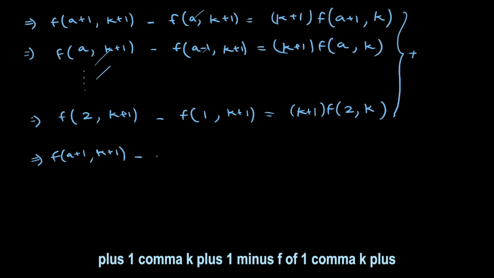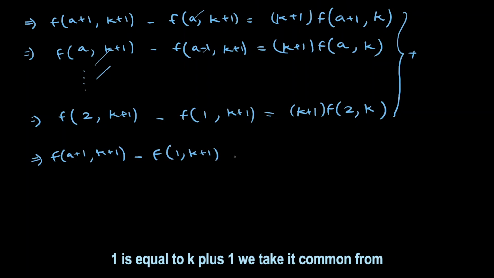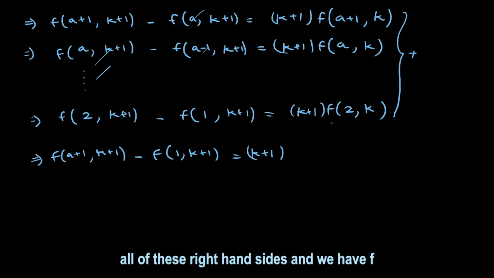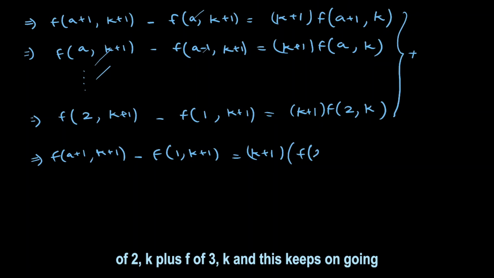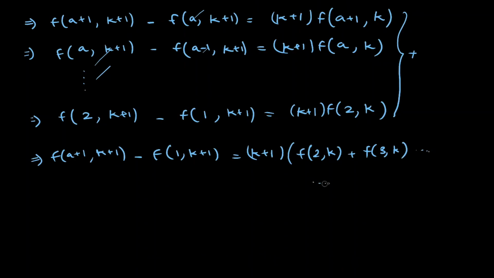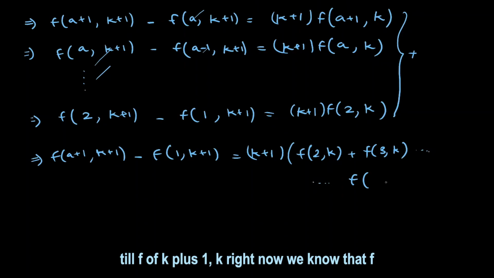1 minus f of 1 comma k plus 1 is equal to k plus 1, we take it common from all of these right hand sides, and we have f of 2 comma k plus f of 3 comma k, and it just keeps on going till f of a plus 1 comma k, right?